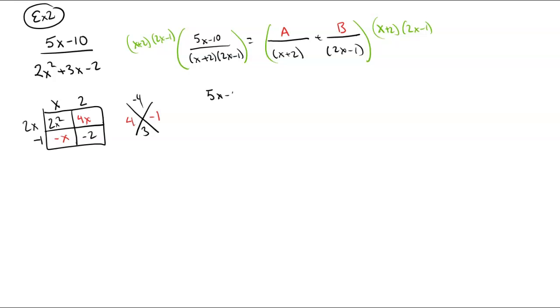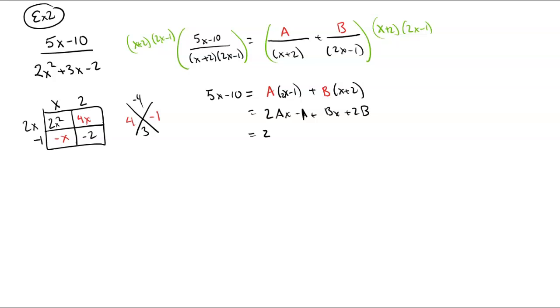So my 5x minus 10 will be the only thing left over here. And over on this side, we have the A, that's going to be multiplied by the 2x minus 1. And then we have our B, which will be multiplied by our x plus 2. Distribute, so 2ax minus a plus bx plus 2b.